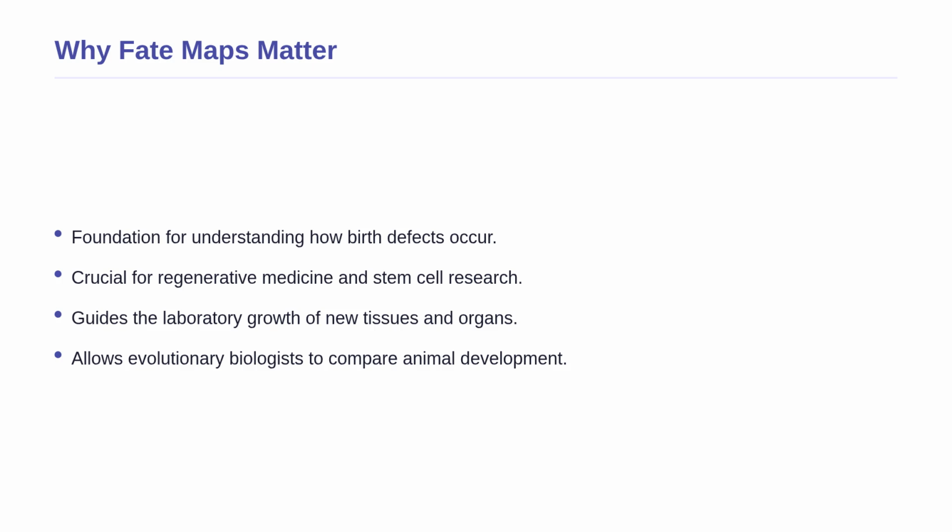They are also crucial in the field of regenerative medicine and stem cell research. If scientists want to grow new liver or heart tissue in a lab, they need to understand the exact step-by-step pathway that early embryonic cells take. Furthermore, fate maps allow evolutionary biologists to compare how different animals develop, showing how evolution has tweaked the developmental blueprint over millions of years.